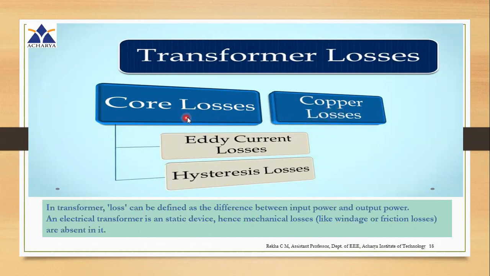Since core losses are related only to the magnetic material of the core, they are always constant losses, or they are also called iron losses. Since copper losses depend on the load, they are not constant. They are always called variable losses.